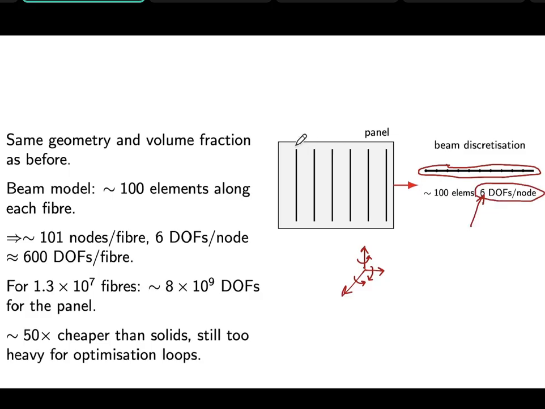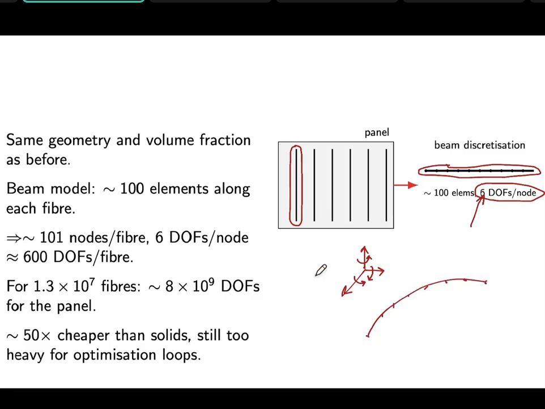So to represent a cylinder, you can now use only this little beam, which is a one-dimensional representation. It can bend in whichever way we want, and it will have different nodes along the midline of the beam, which allows us to continue having deformation with much fewer degrees of freedom.